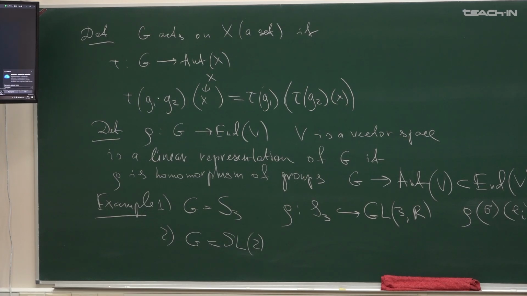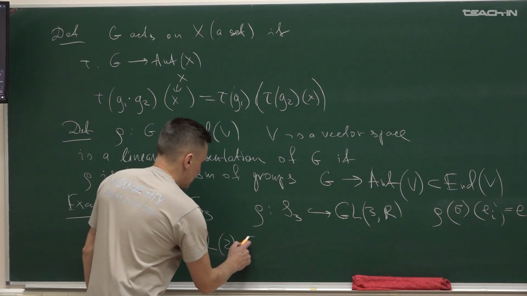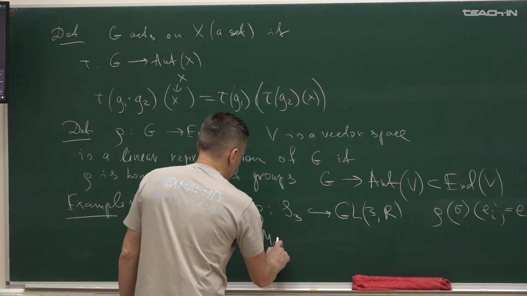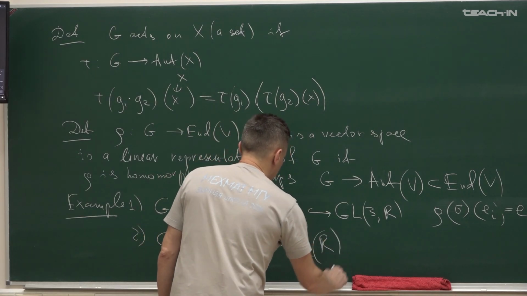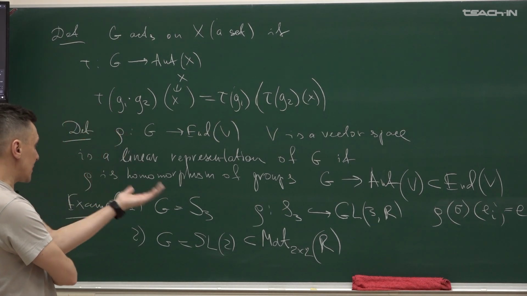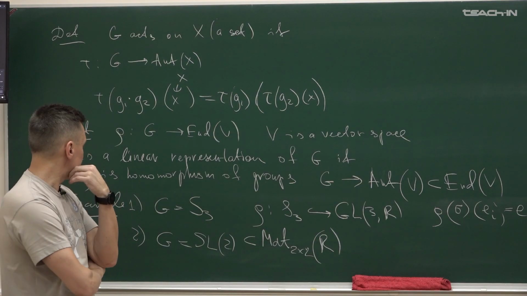So the fundamental representation of this group is given by its inclusion into matrices 2 by 2 over R. But it is also a linear representation of the group SL2.